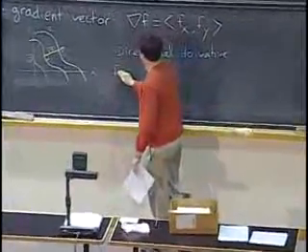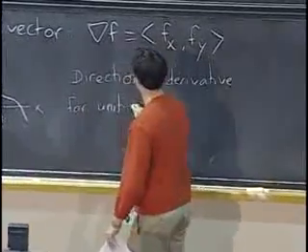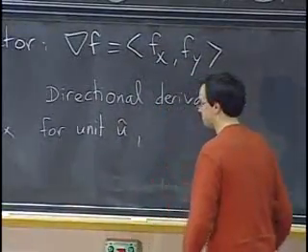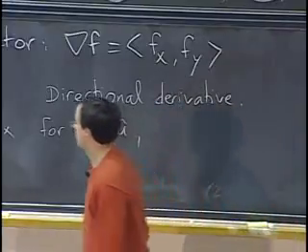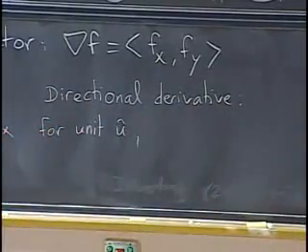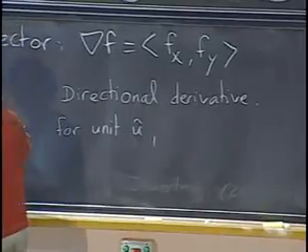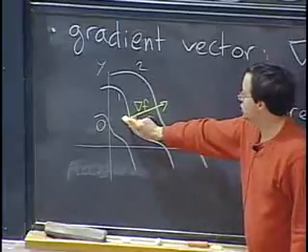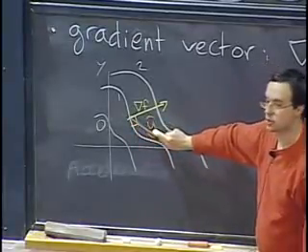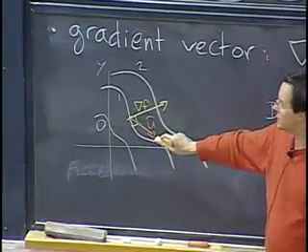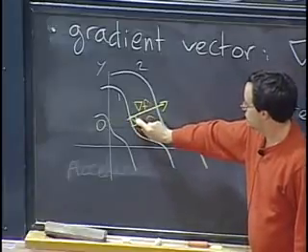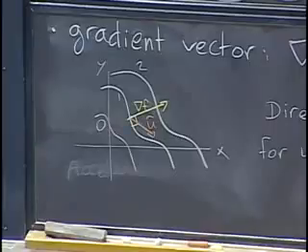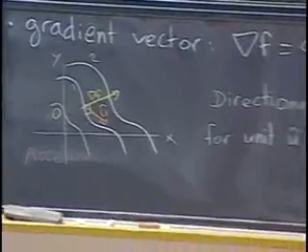So given a unit vector u, which represents some direction, so for example, let's say I decide that I want to go in this direction, and I ask myself, how quickly will f change if I start from here and I start moving towards that direction? Well, the answer seems to be it will start to increase a bit. And maybe at some point later on something else will happen, but at first it will increase.